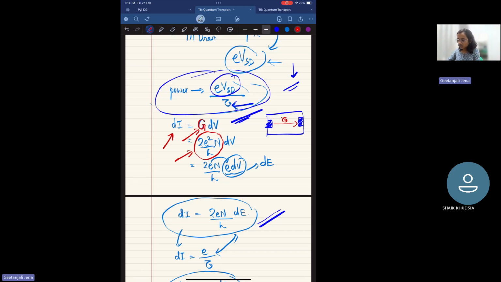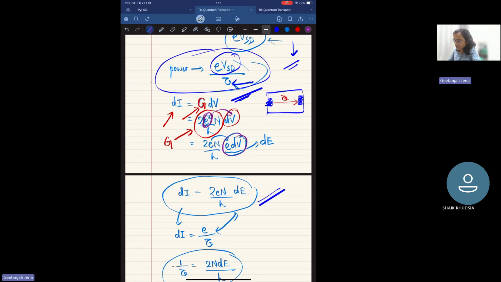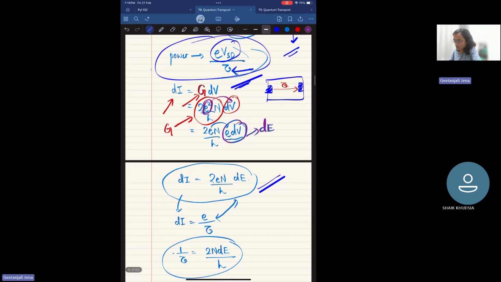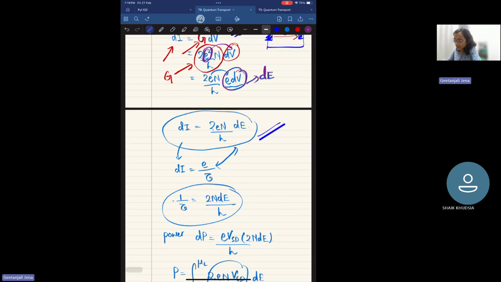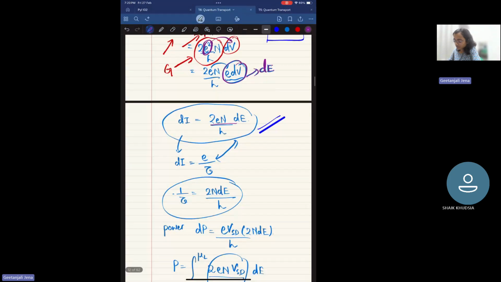This we have seen earlier. So this is the expression for G, and this is the usual expression for dV. Now I have taken one e from this part and put it here, and we can write e dV as the energy change dE. So dI is 2en dE by h. Now we can equate it to the expression of the current.